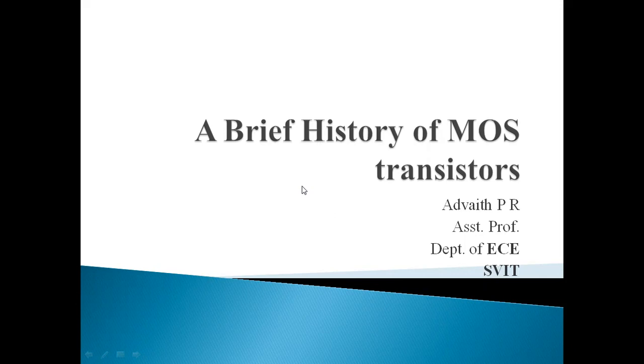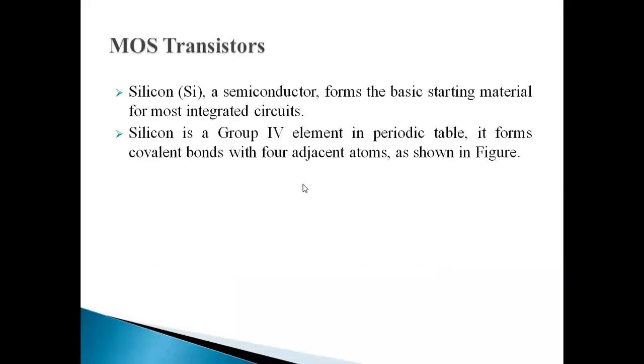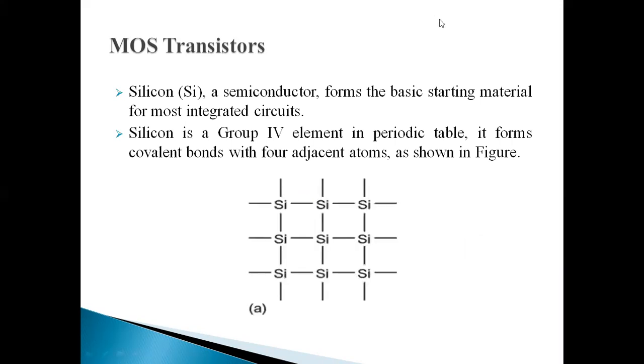In today's video, let us focus upon a brief history of MOS transistors. Silicon, which is a semiconductor, forms the basic starting material for most of the integrated circuits. Silicon is a group 4 element and it forms covalent bonds with four adjacent atoms, as shown in the figure below.